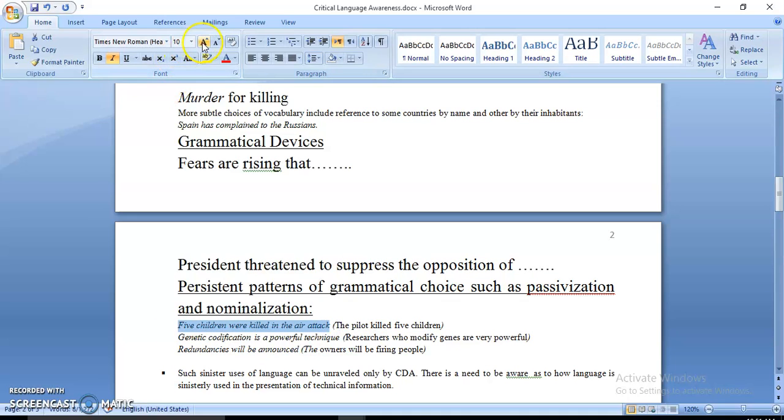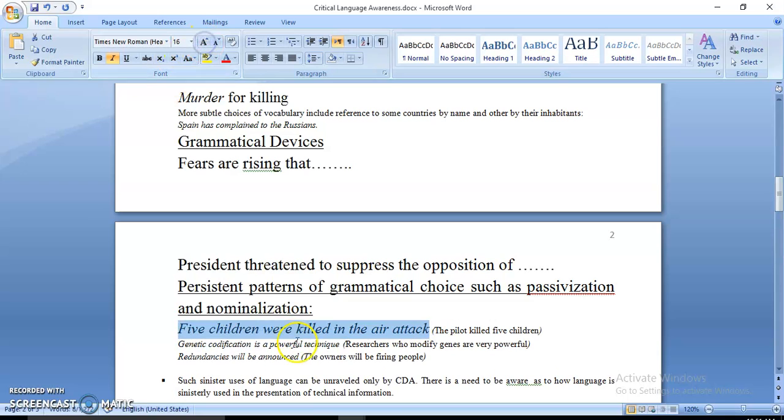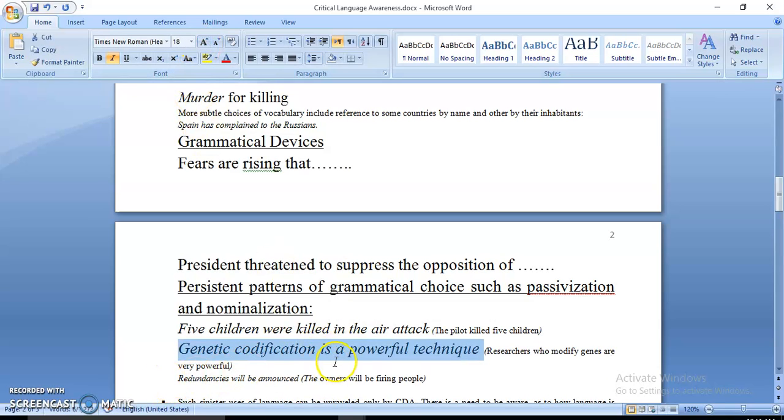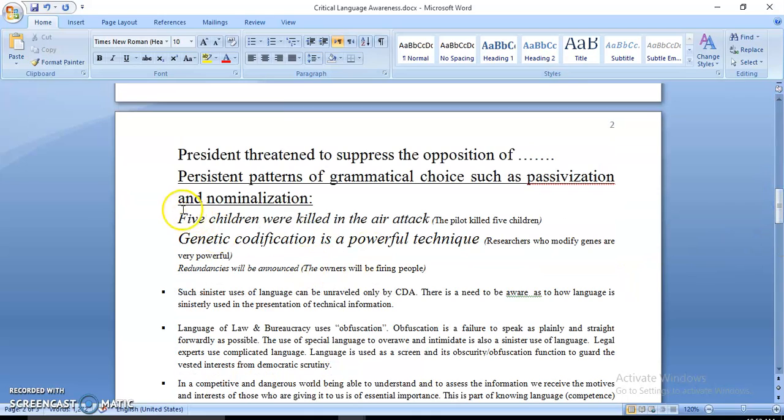Now here is another important example of critical language. "Genetic codification is a powerful technique." Now when the reader reads it or listens to it, he or she doesn't react much, because if someone says researchers who modify genes are very powerful people, so modification of genes is not allowed, that is different.